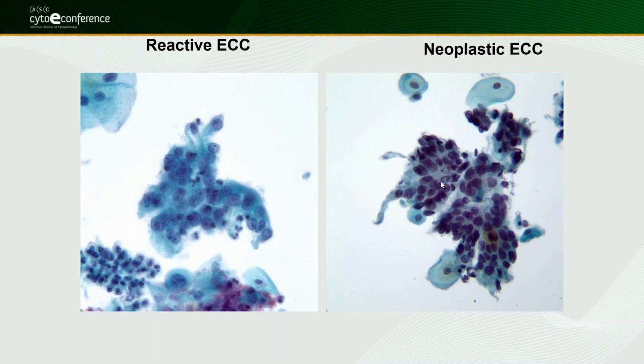They are crowded and they may have secondary architectures. And chromatin wise, this is overall still round, maybe a little oval. This is elongated, and it has a prominent nucleoli, and this is hyperchromatic and no nucleoli. So that's a picture to remember for your reactive ECC and atypical ECC.